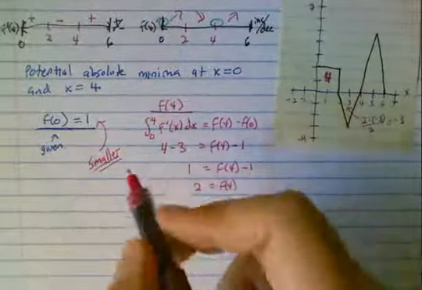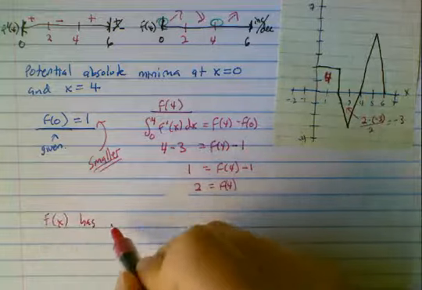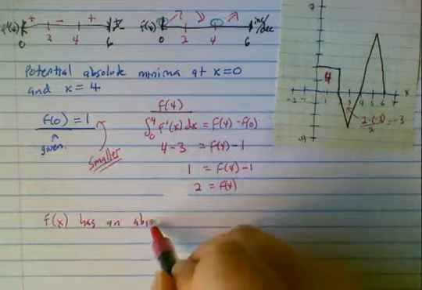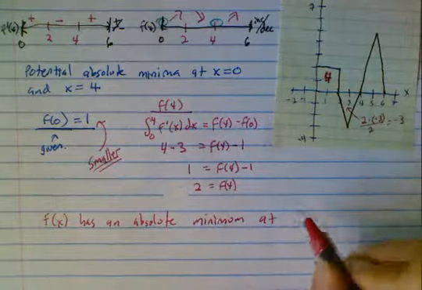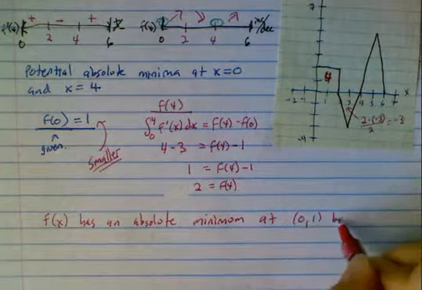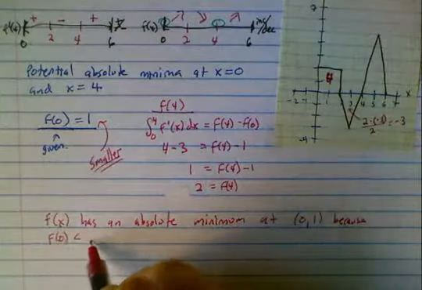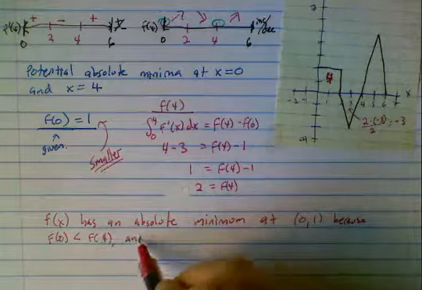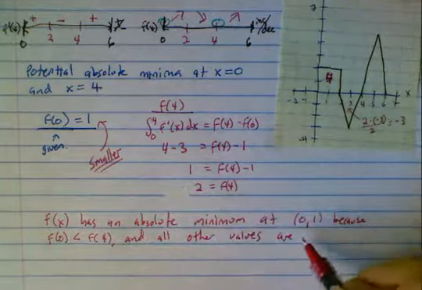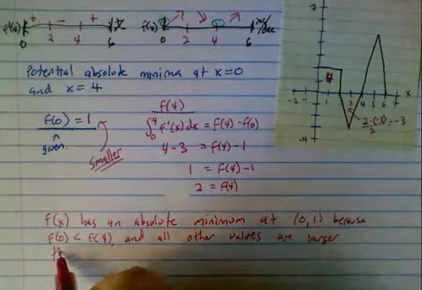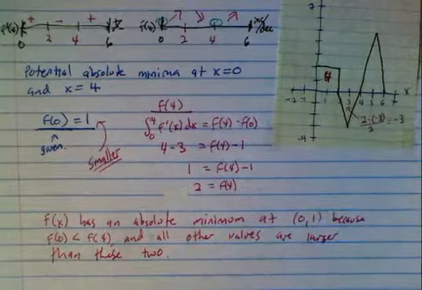So that means f of x has an absolute minimum at the point 0, 1, because f of 0 is less than f of 4, and all other values are larger than these two. That concludes these notes.